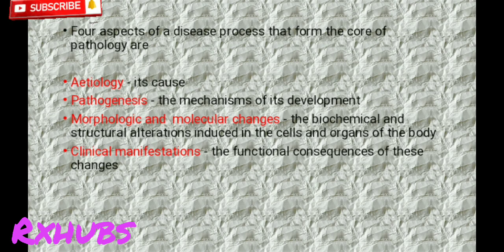Etiology involves the causes, what causes diseases, while pathogenesis is the mechanism of its development. Morphologic and molecular changes involve the biochemical and structural alterations induced in the cells and organs of the body. While clinical manifestation is the functional consequence of the disease changes.